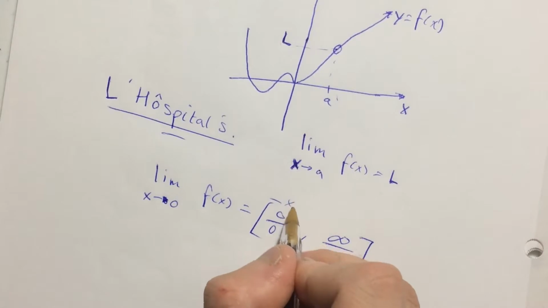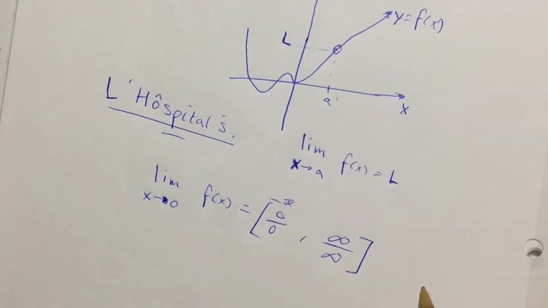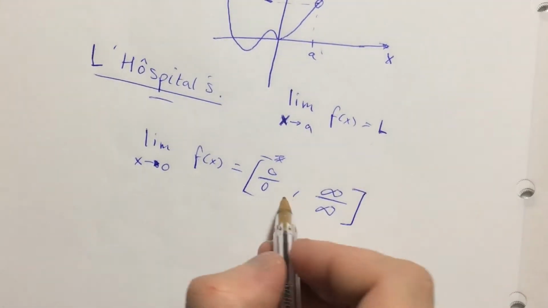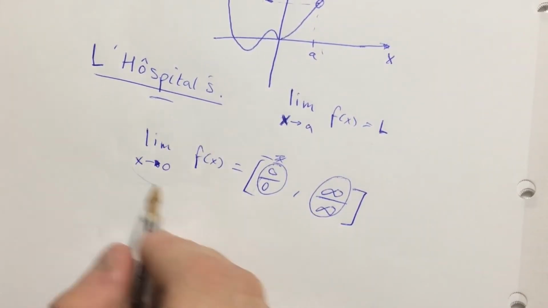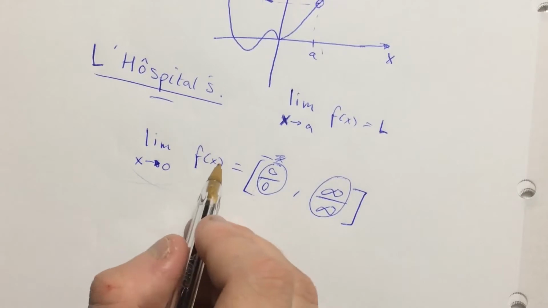This is not like x or y, by the way. Sorry, that's actually very bad of me. This is not x or y. These are just two examples of answers you would get.